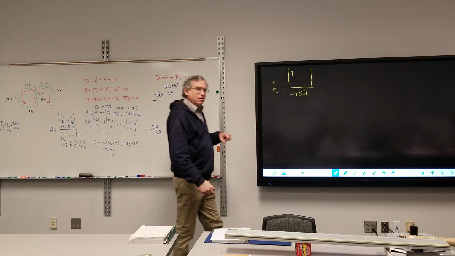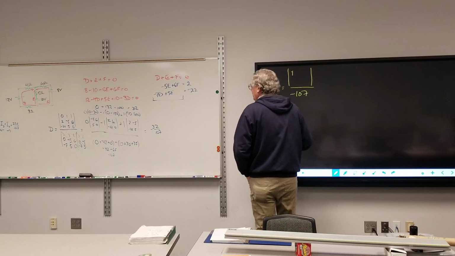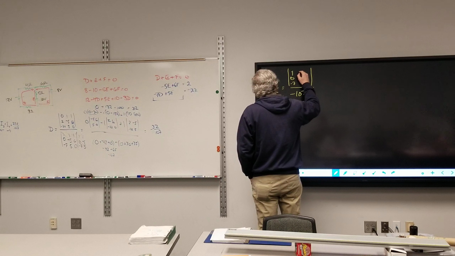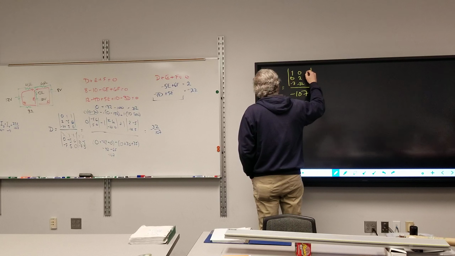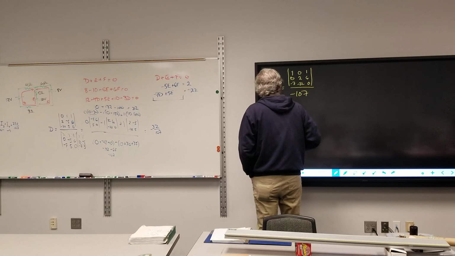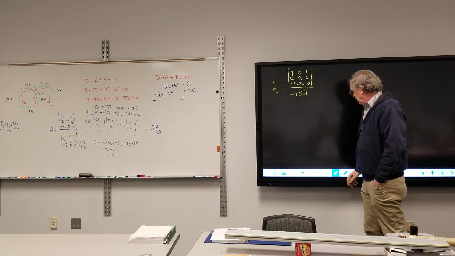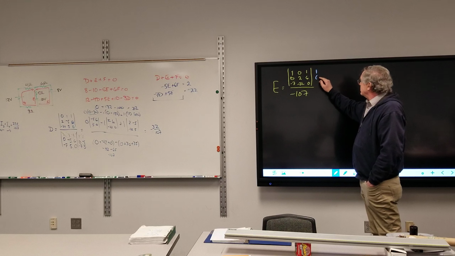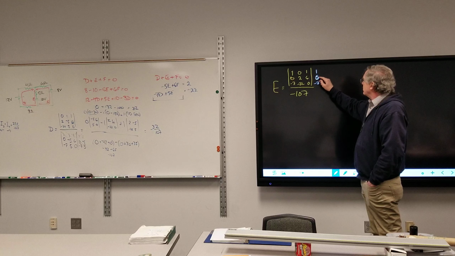Okay, so then 1, 0, negative 7. 0, 2, negative 22. And 1, 6, 0. It's 1, 0, negative 7, 0, 0, 2, negative 22.